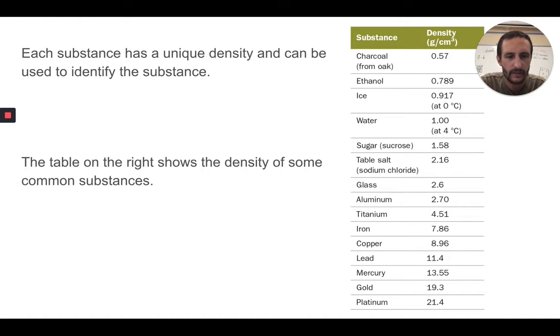Platinum is over 20 at 21.4. So we've got a whole range of densities out there. If you know the density of a substance, you can often compare that known density to the chart and see what substance you might have.